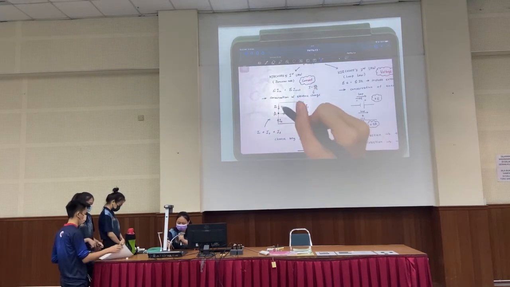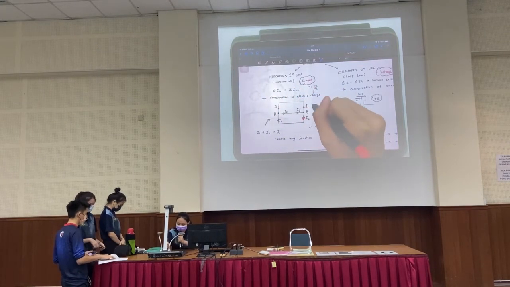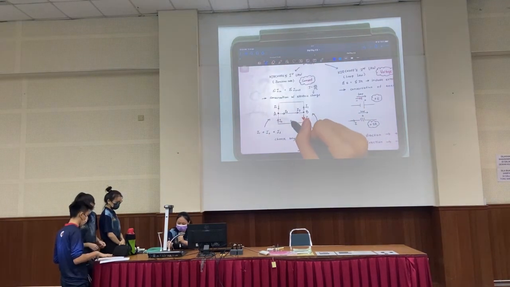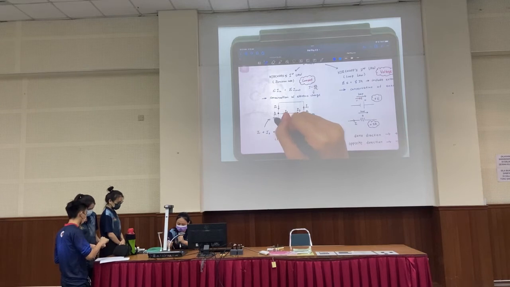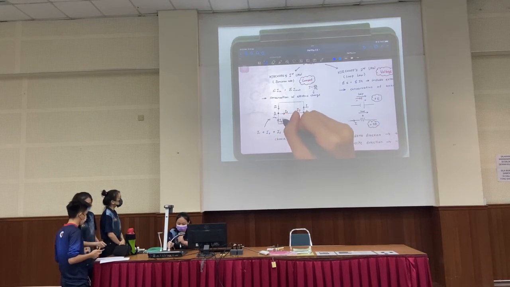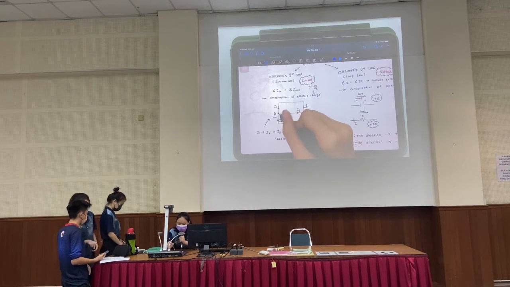So now we proceed to this simple circuit, and we can see that it contains 2 junctions, junction A and junction B. So we look at junction A first. Where is the current flowing into junction A?